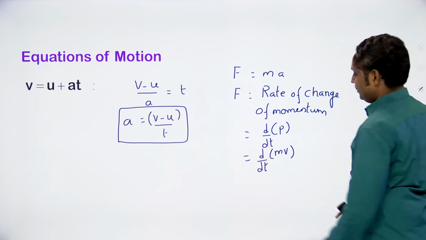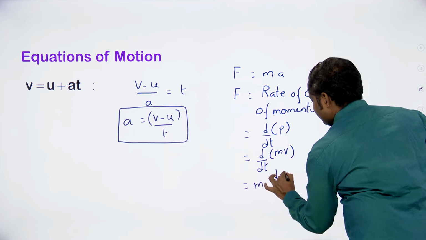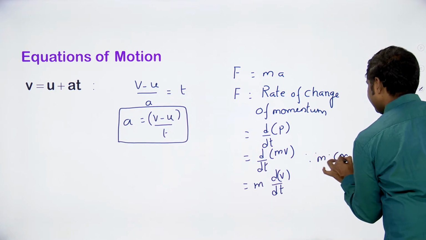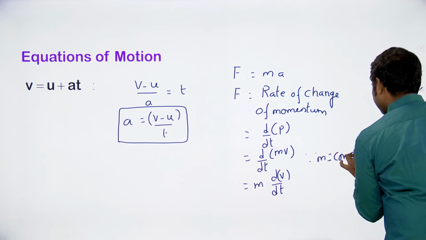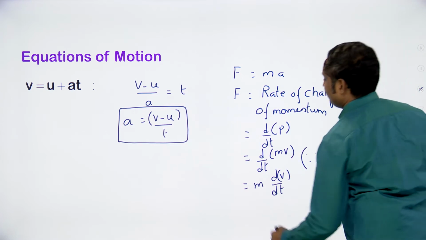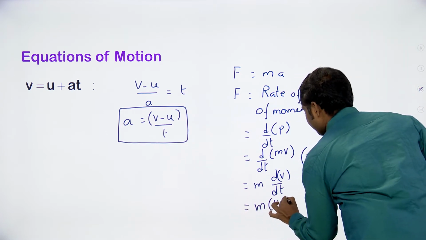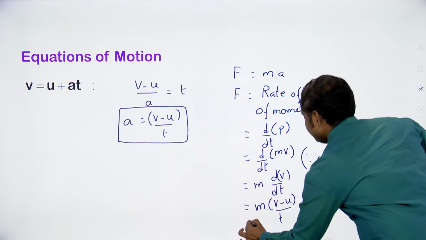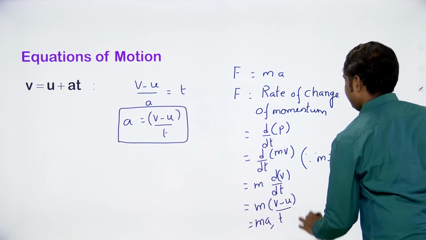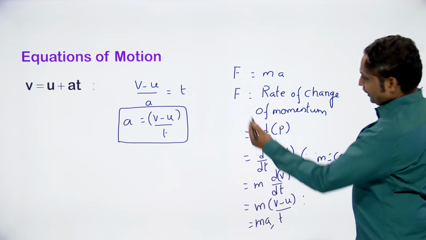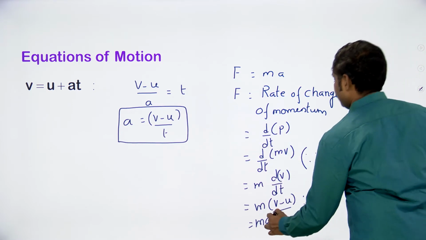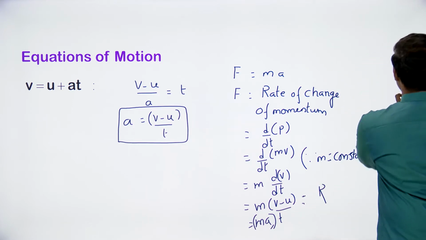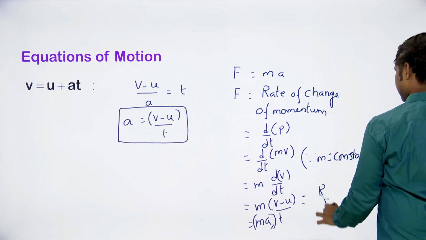We would like to go for m into d by dt of v, since m is constant. That is going to be m into v minus u by t, and that is going to be ma. So, that is equal to the rate of change of momentum also. You would like to confirm this one. It's very clear.